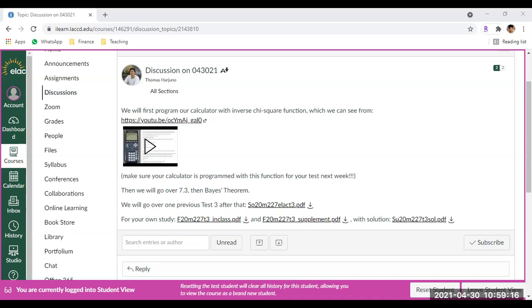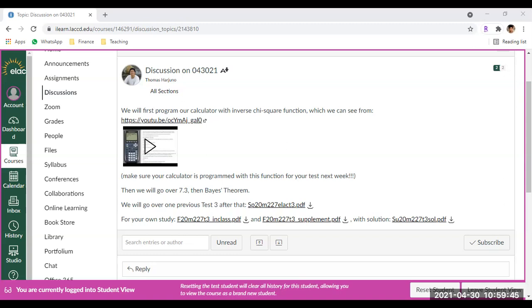Probability X is greater than K is 95%. Now we will use inverse norm, but inverse norm only works if you have the area to the left. So let's change this. If the area to the right is 95%, then the area to the left is 100% minus that, right? So 1 minus 0.95, that's 0.05.